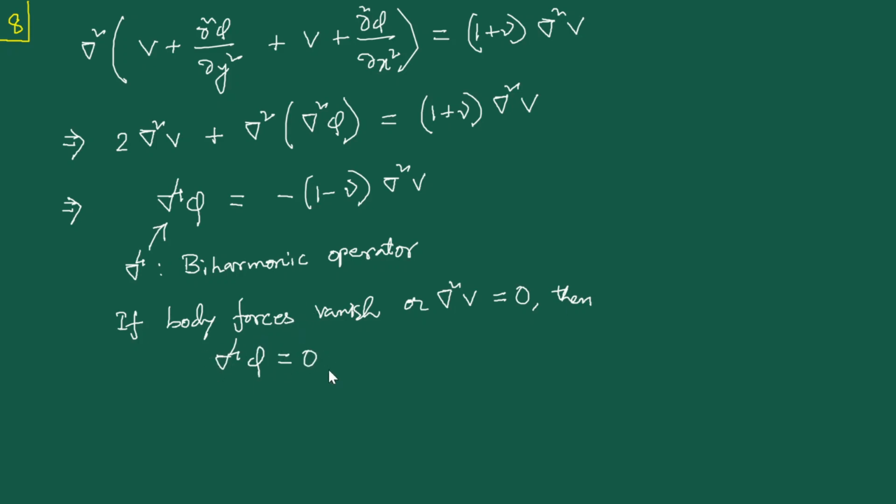Please note that this is what is referred to as the biharmonic equation, one of the most important equations in linear elasticity. And its solutions will be referred to as the biharmonic solutions.